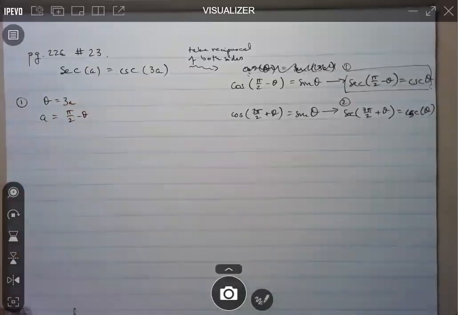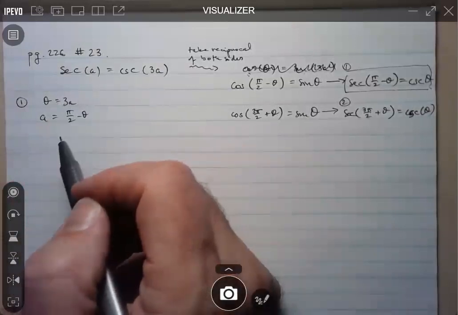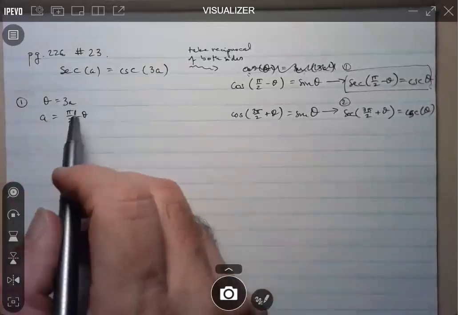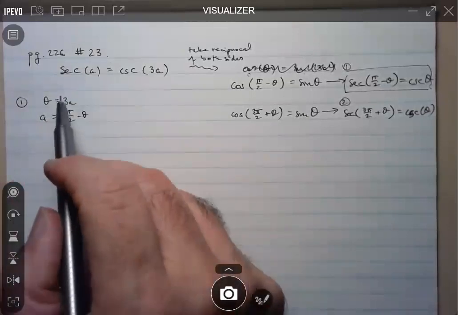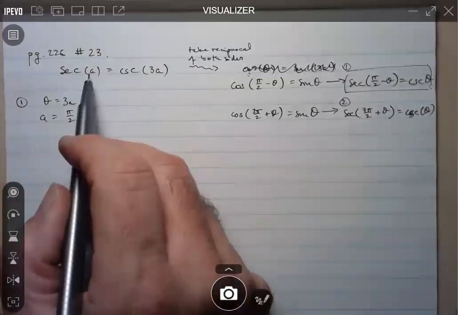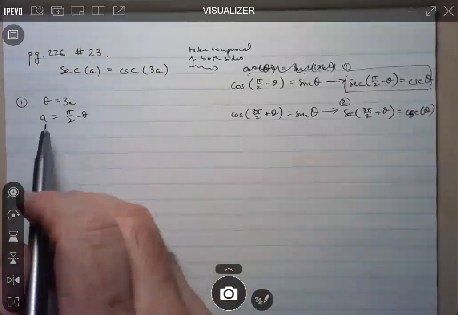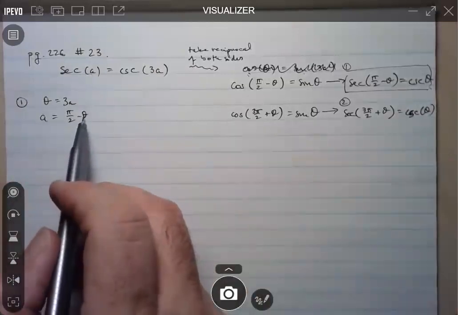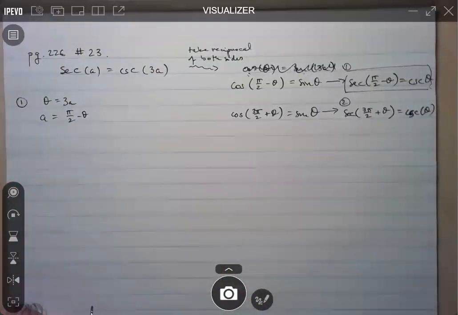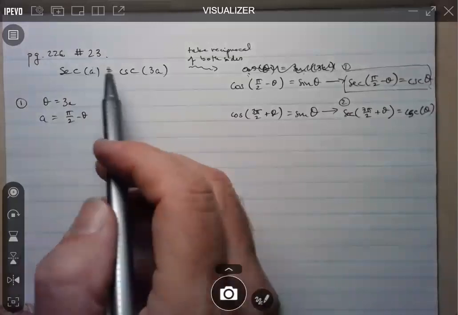And this again sets up our system of equations as we saw before. Just to repeat what we're doing, I'm choosing theta to be 3a, and the identity tells me that if a is equal to pi over 2 minus theta, then I'm guaranteed that these two sides are equal to each other. And that's what I'm looking for: a values that make the two sides equal.